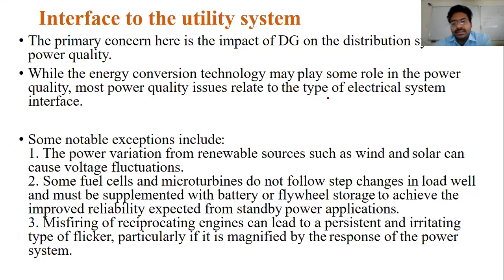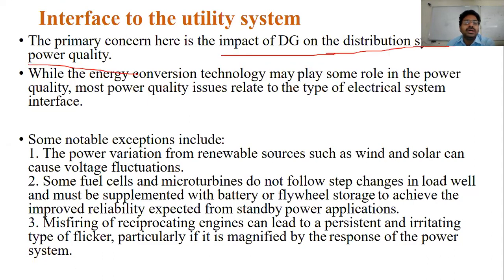Now see this, how to interface this to the system. The primary concern here is what is the impact on the system when you introduce DGs in the distribution system.